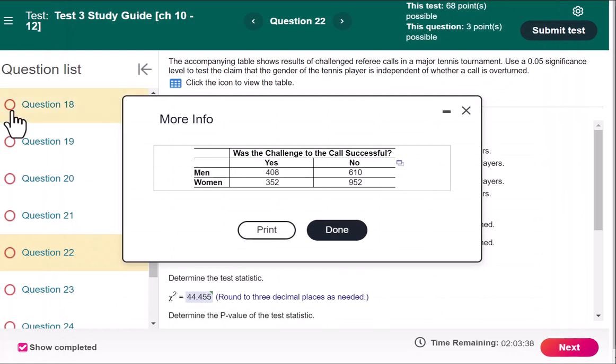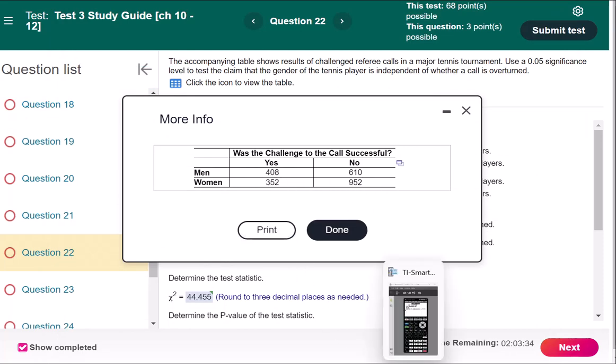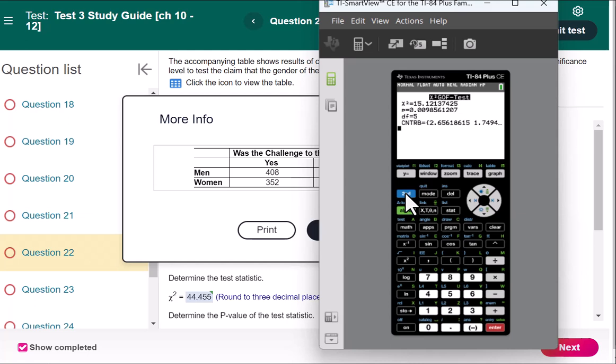Okay, using the calculator, how would you key in this table into the calculator? Watch. You go to second and matrix. You go to edit. This is a 2 by 2 matrix. You just count the data. There are data in 2 rows and 2 columns. So you just press enter, select a 2, and put another 2 here, and enter your data.